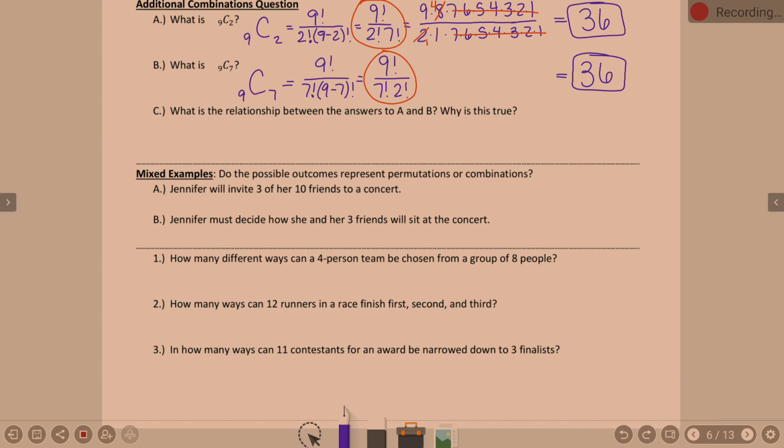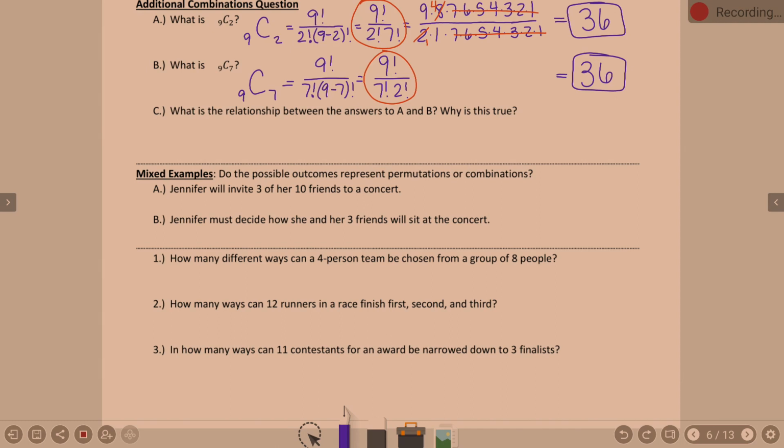They both add up to 9 on top. Those bottom numbers are the same, just flip-flopped, right? So the denominators, because the 2 and 7 add up to 9, are going to end up being the same.